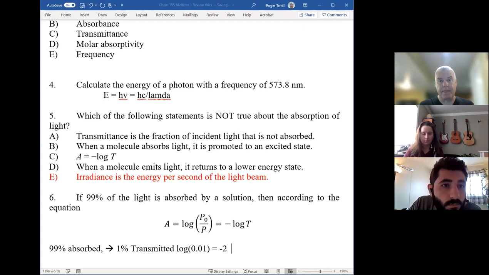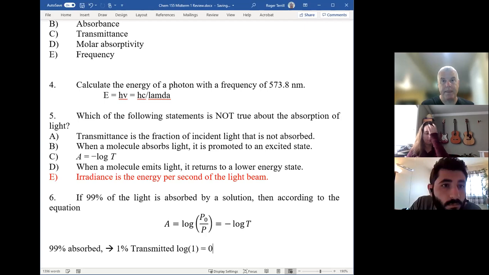Basically, if this were 0.1, this would be minus 1, right? Log of 1 is 0.